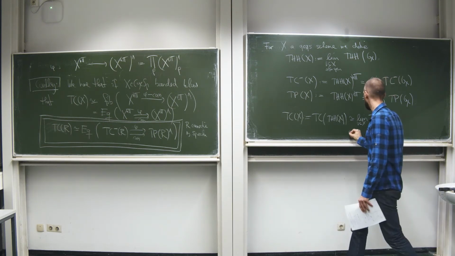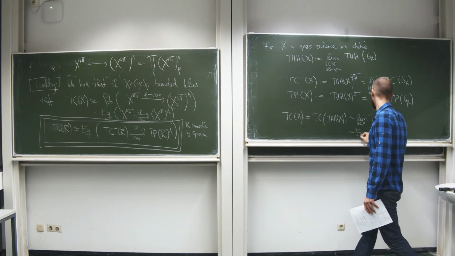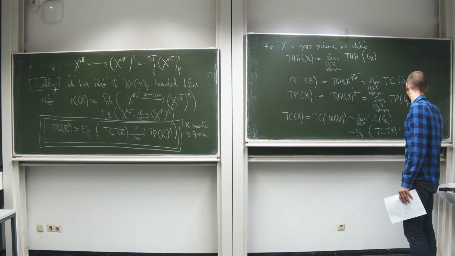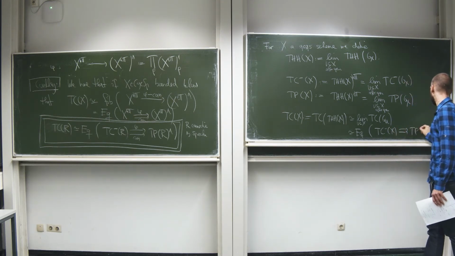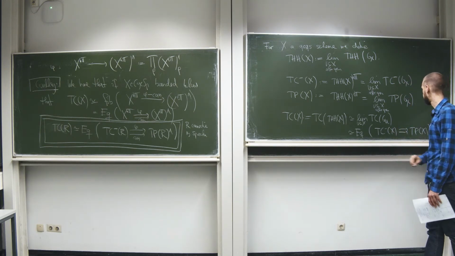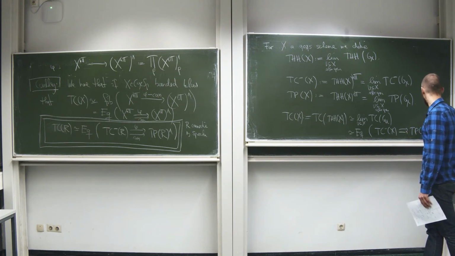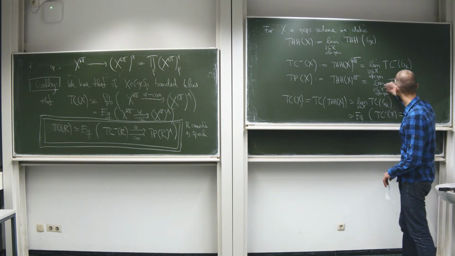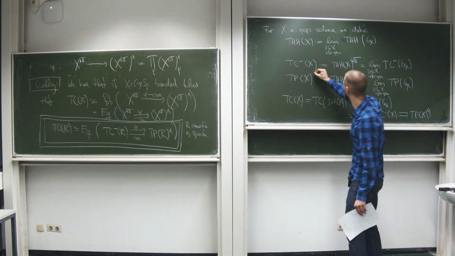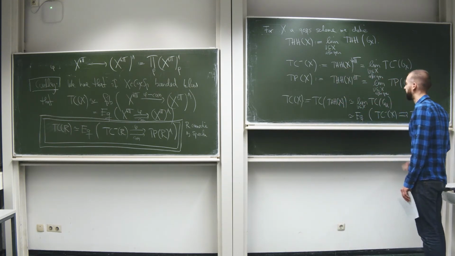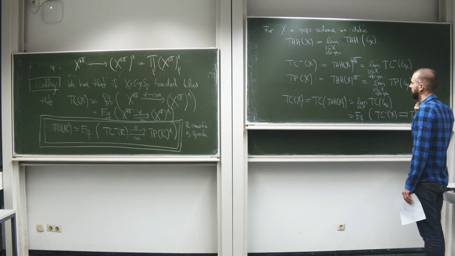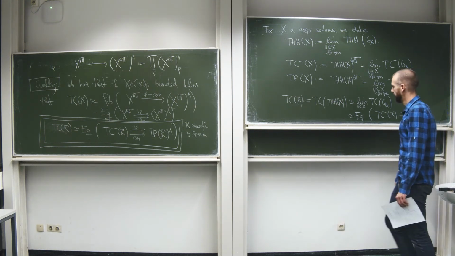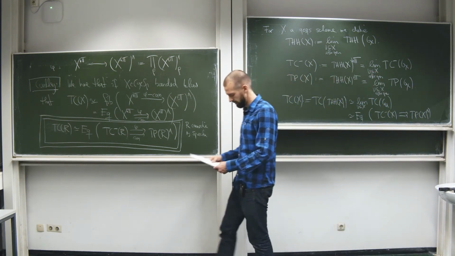But it is also the equalizer of two maps from TC^-(X) into TP(X). And I guess I should profinitely complete. That doesn't matter; I could have put the profinite completion anywhere here. So again, this is the non-affine case.